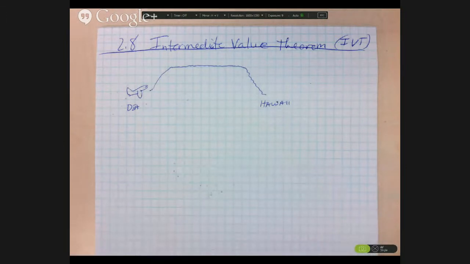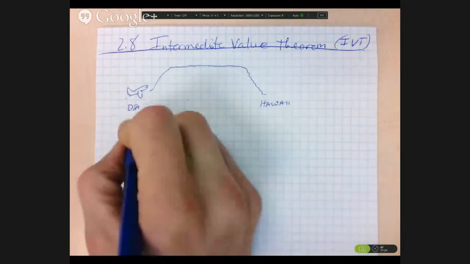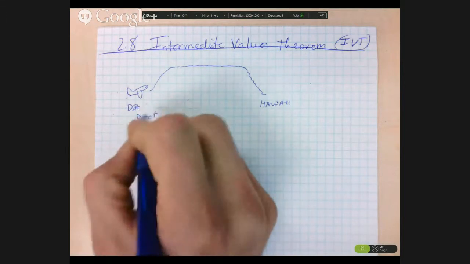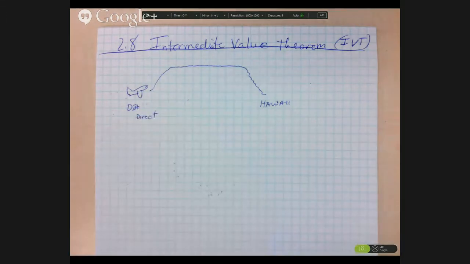If this is a direct flight, okay, is there any point during the flight where you get to skip a mile?